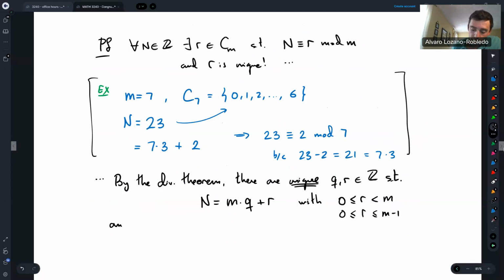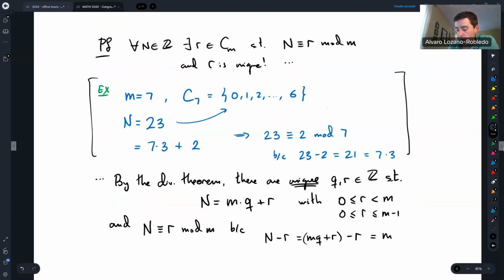And the way we constructed it, we can see that n is congruent to r modulo m, because n minus r is mq plus r minus r, that is m times q. So m does divide n minus r.